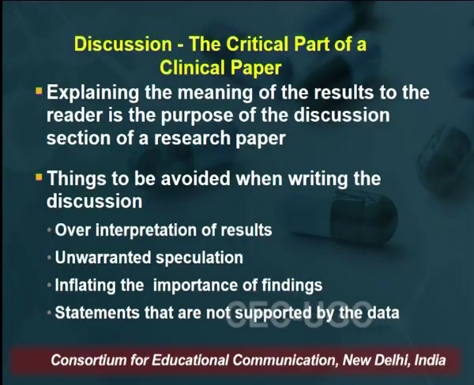Then, statements that are not supported by the data is very important. You can't write anything for which the results have not been written. For example, in a clinical paper, you wrote that clinical response was this, overall survival was this, and adverse events were this, and then when writing the discussion section, you state that progression-free survival was this.